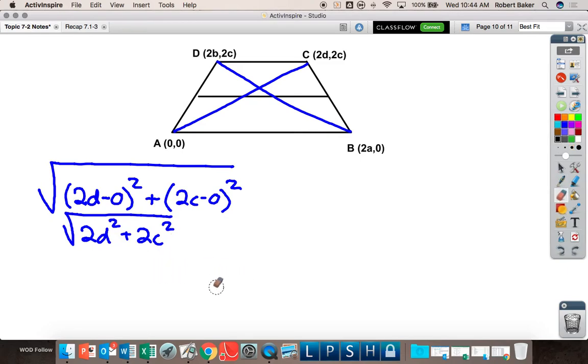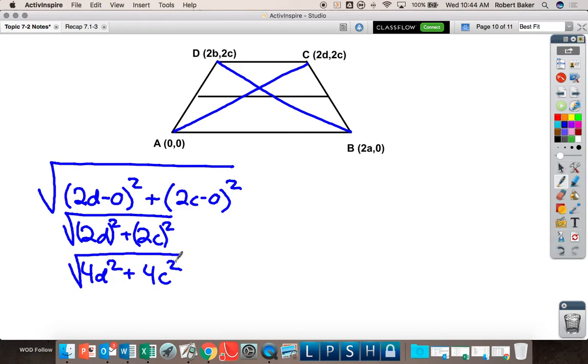I'll just make sure that we're able to get from here to here. We good? So remember, we have to square these quantities. What is 2d's times 2d's? So 2 squared, 4d squared, and 2 times 2, 4c squared.